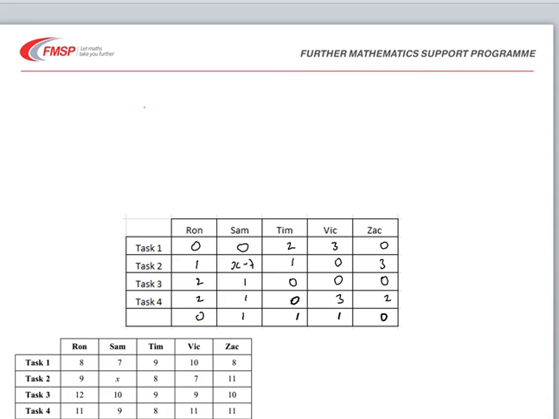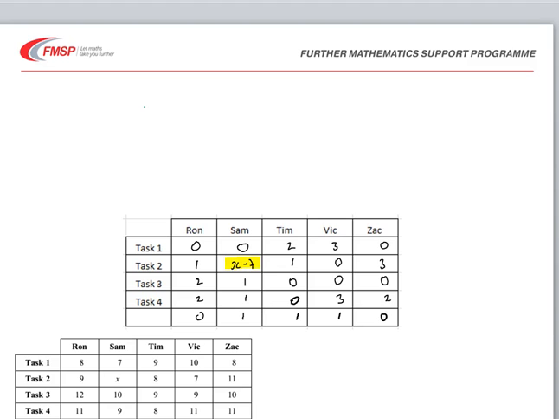Well, for the final part of the question, we're told that Sam has training and can now do task 2 in 7 minutes. Now that produces an extra 0 in effect, because x minus 7 for Sam becomes a 0, and Sam is indeed allocated that task according to the question.